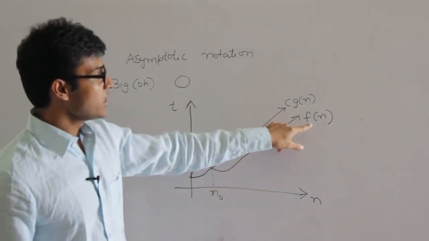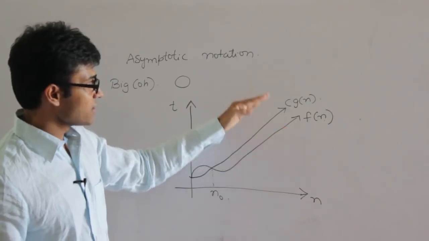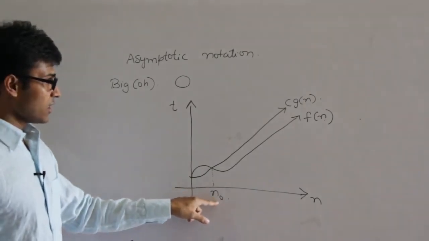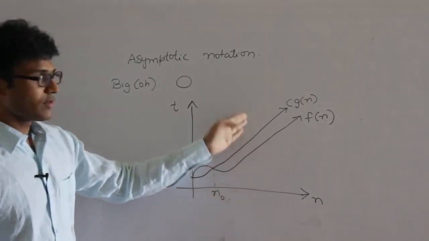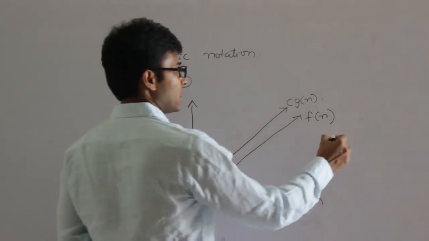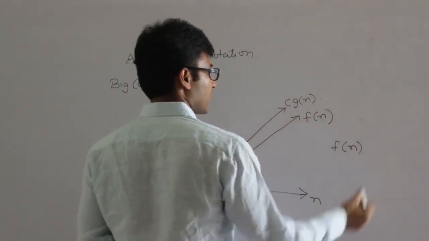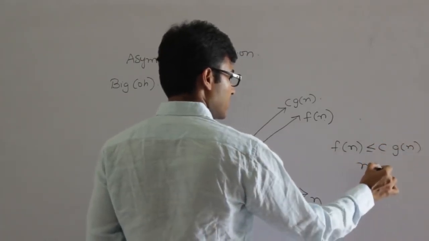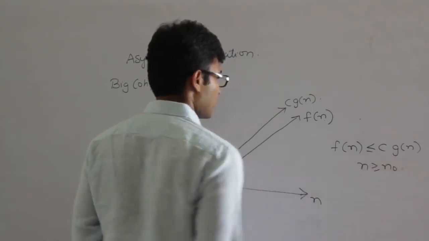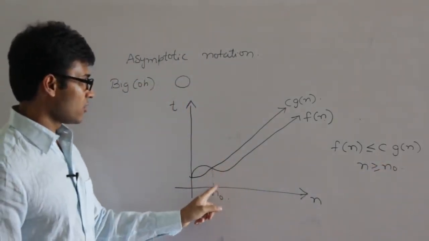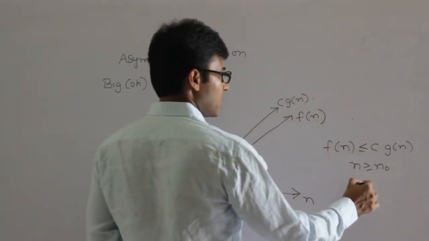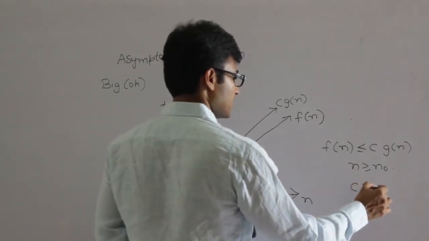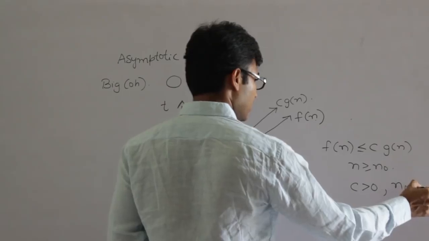After finding this, if you can bound that function by some other function c into g of n in such a way that after some input n naught the value of c into g of n is always greater than f of n, which means f of n is less than or equal to c into g of n for all n greater than or equal to n naught, where c and n naught are real numbers, c is greater than 0 and n naught is greater than or equal to 1.